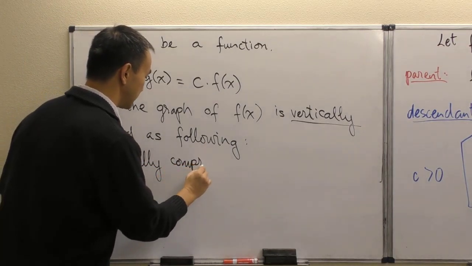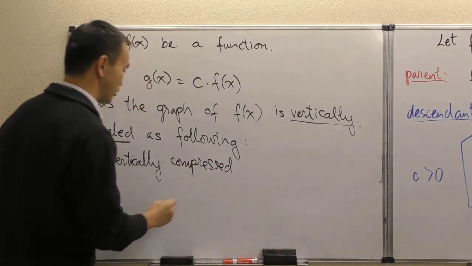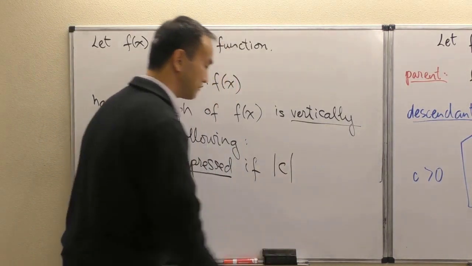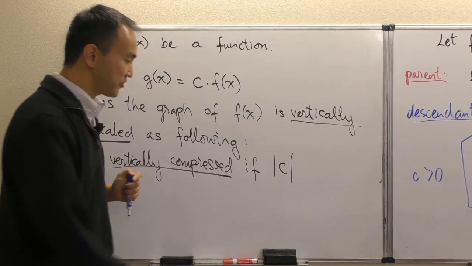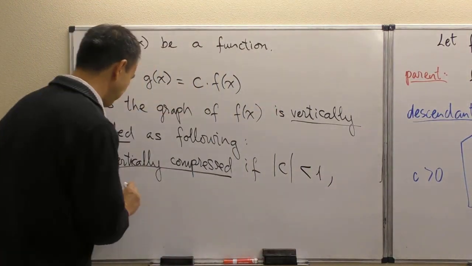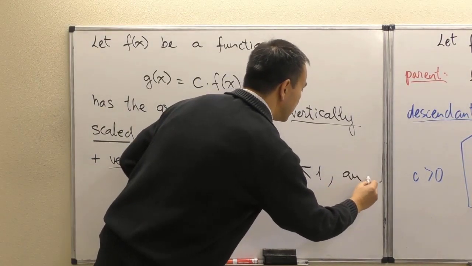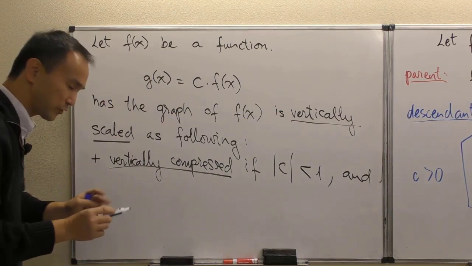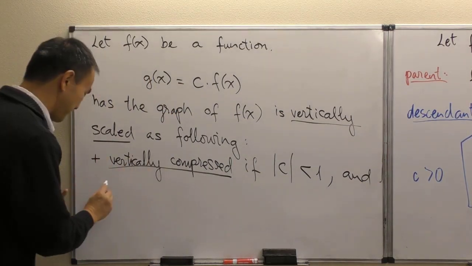Okay, we're going to say it's vertically compressed if the absolute value of our coefficient is less than 1. And further, that's the next thing after the comma there, it's just extra if that happens.